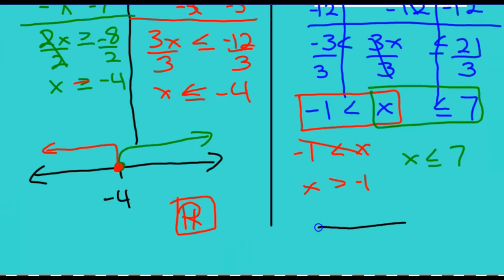So our number line will have -1 and 7 on it. Our -1 looks like it's going to the right, open circle, and our 7 is a closed circle moving to the left.